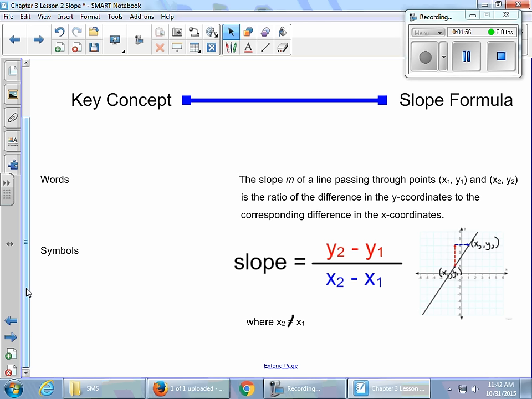And what that all means is to find our slope, we take our y2 minus our y1, divide that by x2 minus x1, where x2 is not equal to x1. As always, we're going to do some examples of these so you can get a better understanding of our key concept.